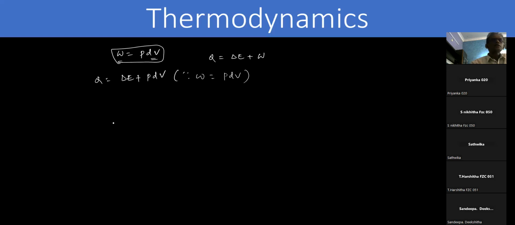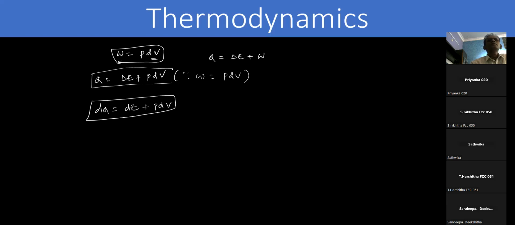Or we can write dQ equals dE plus PdV. It is another expression. All these give the same quantity. The expression is different, that's all.